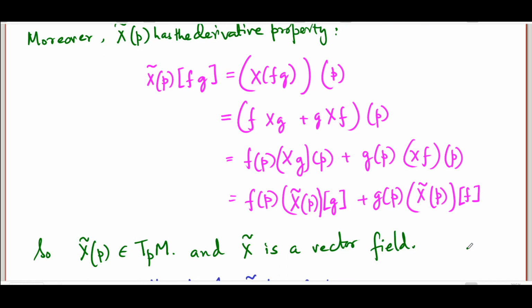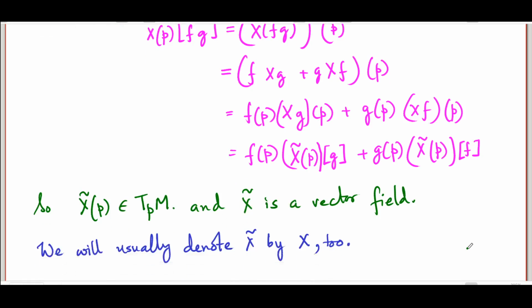So X tilde p has been established as a member of TpM, and therefore X tilde assigns to every point p in its domain a vector attached to that particular point. So it's a vector field.